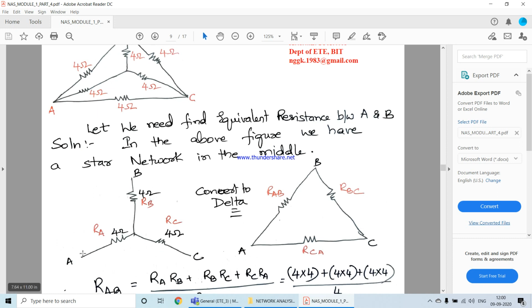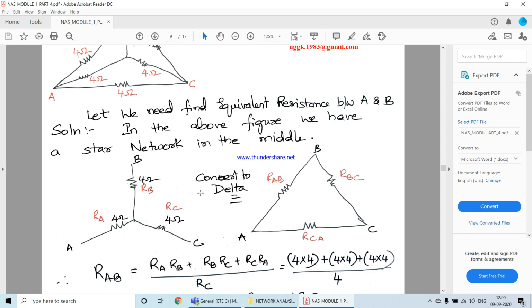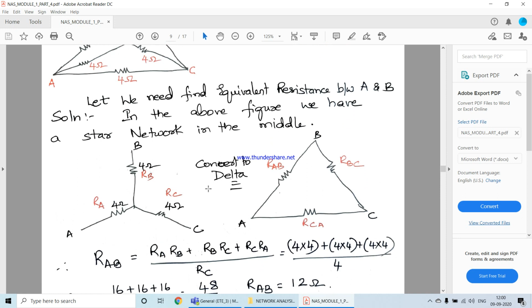Okay, now RAB is the resistance which is connected across A and B. RBC is the resistance connected across BC, and RCA is the resistance connected across CA. Now I will tell you the simplest method, instead of remembering that expression which we had earlier, to solve this without remembering those expressions.